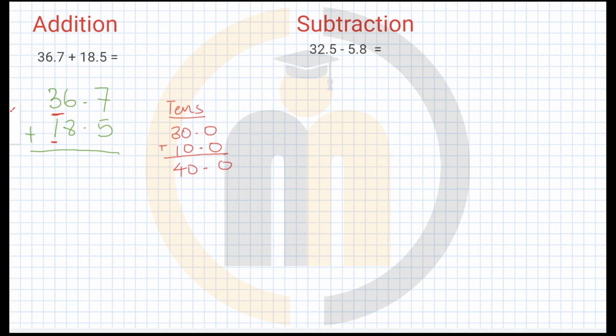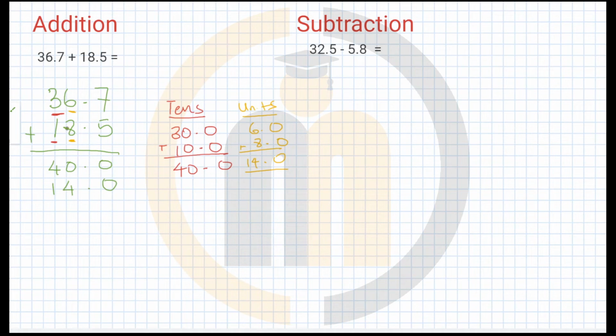So I'm going to write that down here, 40.0. Then we look at the units themselves. I'm going to write here units. We have 6.0 and 8.0. Add them together, you get 14.0. So the next number here will be 14.0.